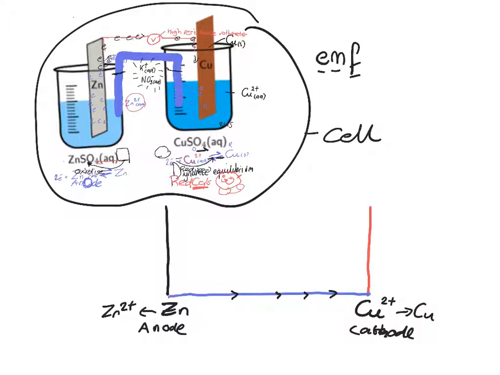The electromotive force, if generated under standard conditions, is known as E cell, with this symbol here saying it is standard. So the bigger the difference between the two half cells, the bigger the EMF and the bigger the voltage.